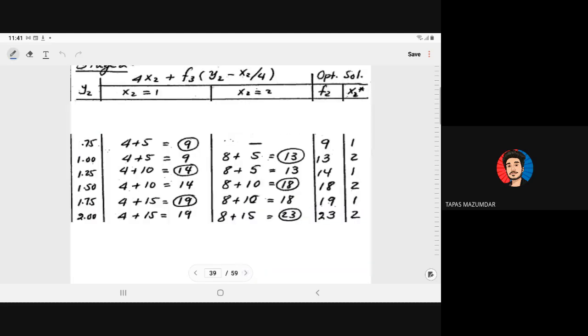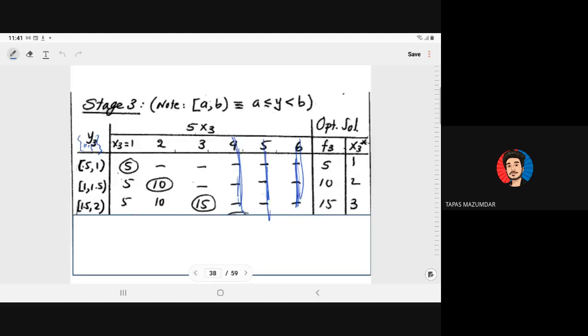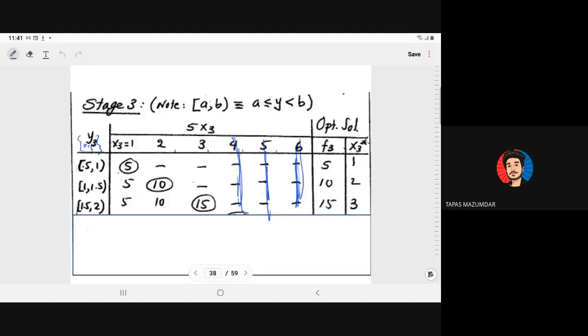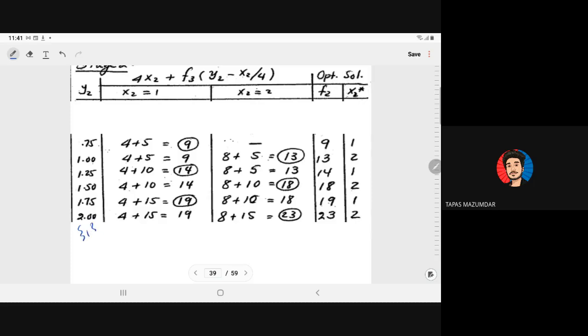Then for stage 2, for the allocation in stage 1, minimum you require 1 unit, right? Here you require a minimum of 1.25, but here you require a minimum of 1. Clear this part? For item 3 and item 2, you require here half and here 1 by 4, right?